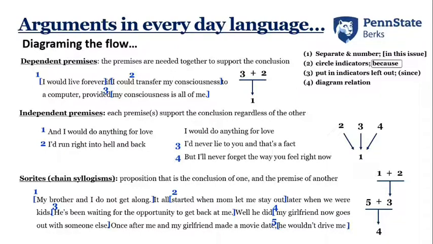So those two things became premises that led to the conclusion that his brother's waiting to get back at him. But now that conclusion becomes a dependent premise with the fact that he could not get a ride for his date. So when you tie those two things together, that will now show and prove why his girlfriend now goes out with someone else.